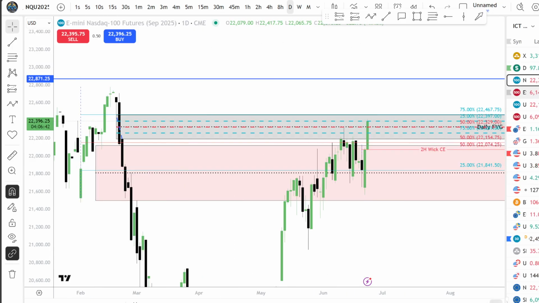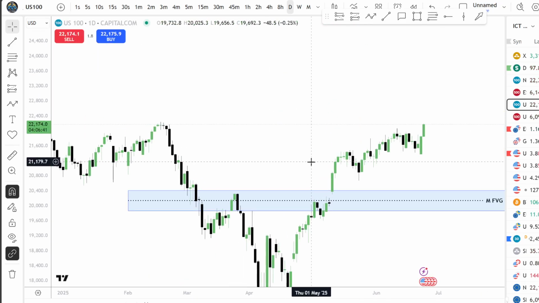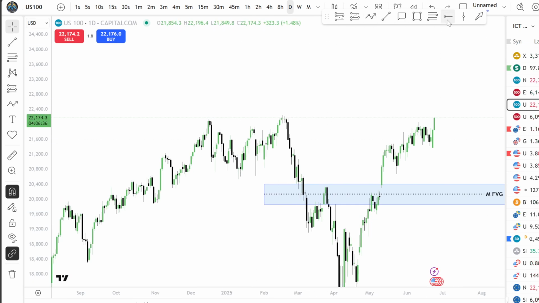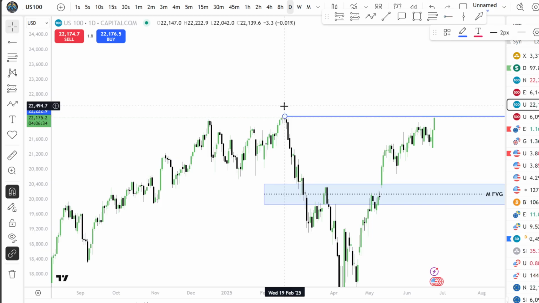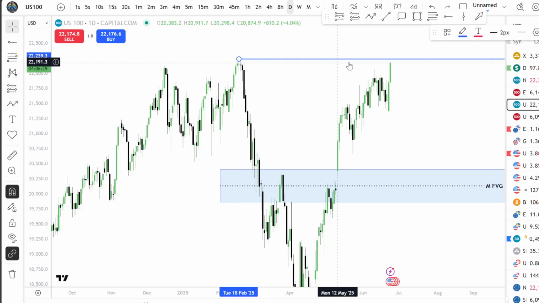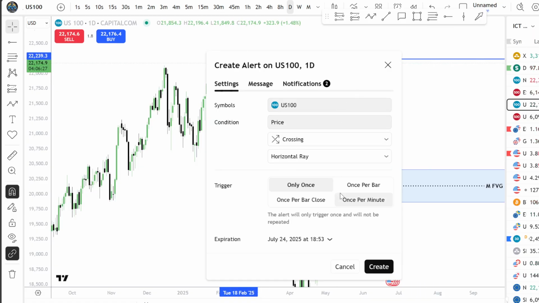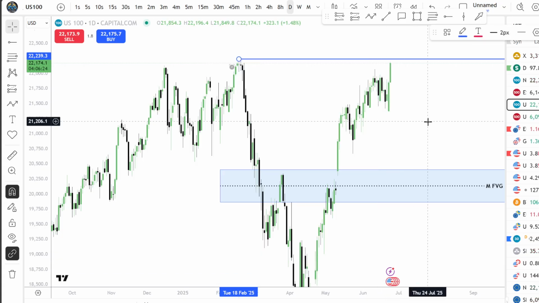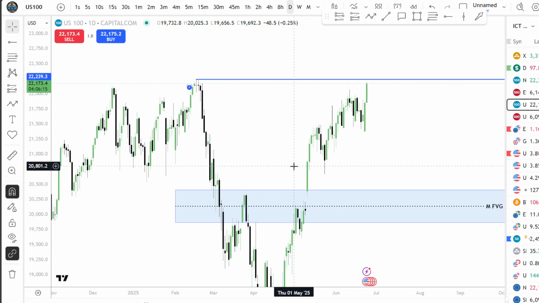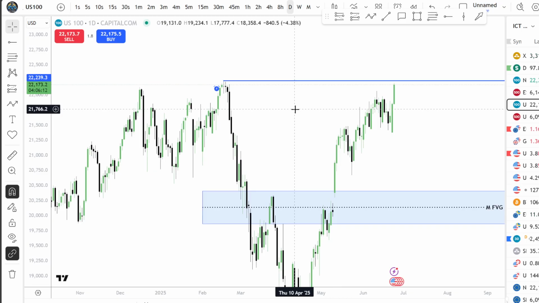You can also see on the US 100 that we are right now pushing up and are almost at the all-time high. Yeah, really soon. I could put an alarm here. On my real account, I am trading the US 100, so this is why I look at this one, and I also look at it for narrative, because they are correlated, of course.